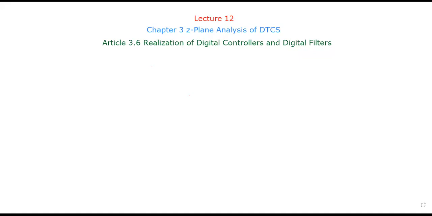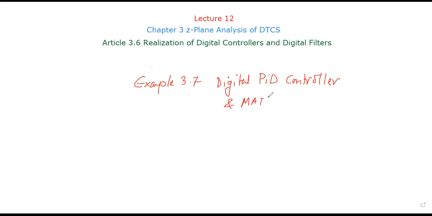Before that, I forgot to mention that you should go through example 3.7. This is related to one example that is dealing with digital PID controller, and part of it is to go for MATLAB simulation.